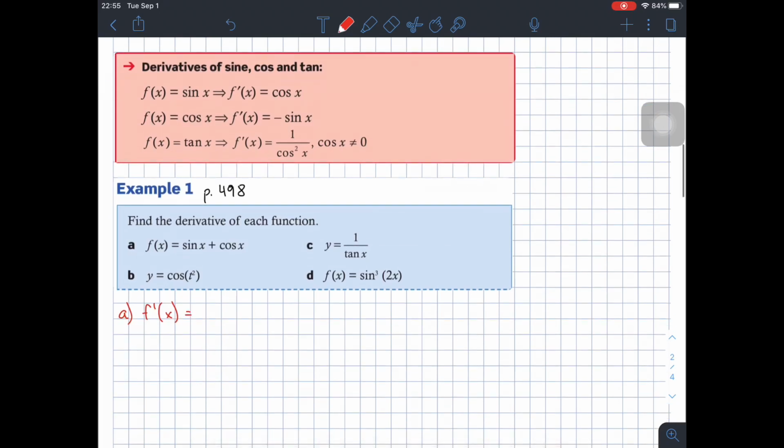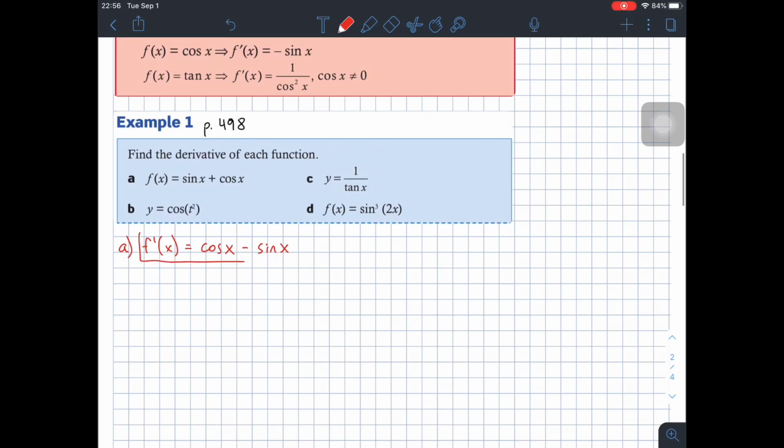So the derivative is cosine of x, and then the derivative of cosine of x, according to our formula, is negative sine of x. So this would be minus sine of x, right? The derivative of sine of x plus cosine of x. And that's it. This is the result for part A.